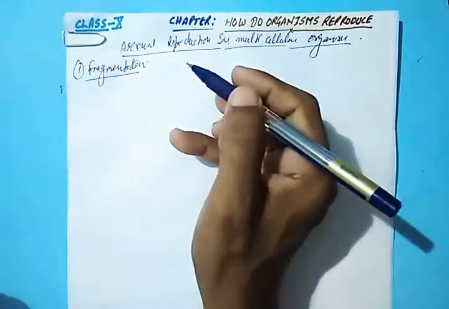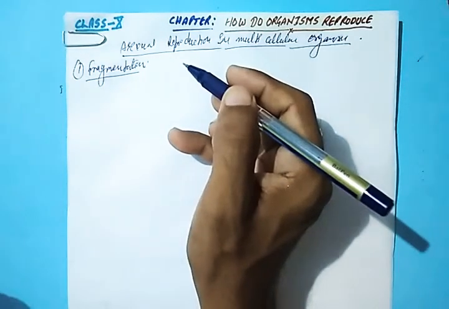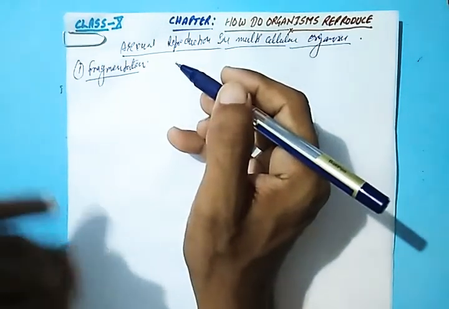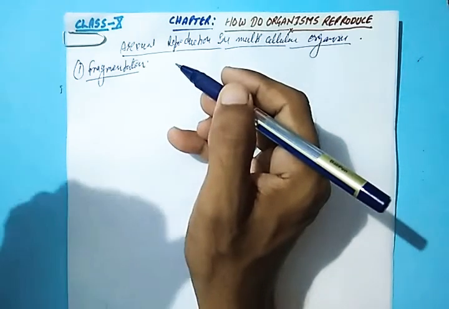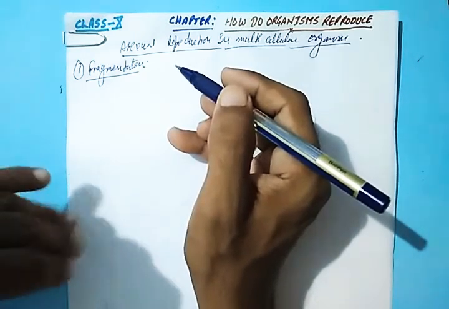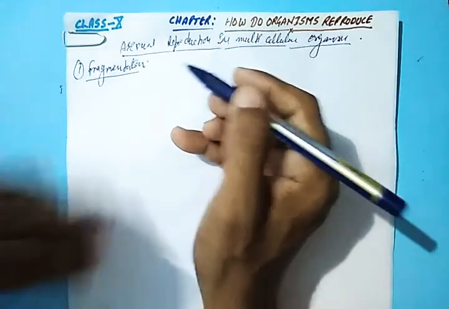What is the process of fragmentation? Basically, a living organism breaks down into one or more parts which will germinate into a new organism.